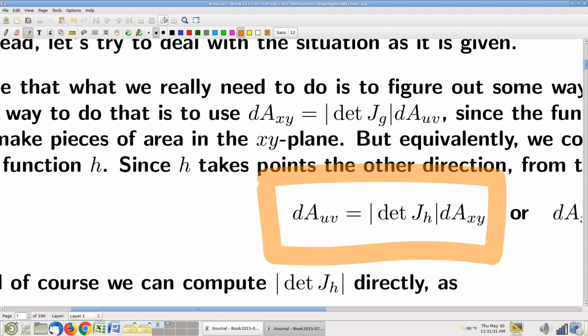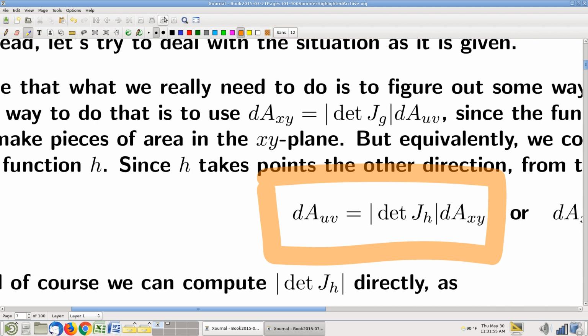It's giving me, as outputs, u's and v's. h turns x's and y's into u's and v's. That means the stretching factor of h is what you multiply by xy area to get uv area. That's this, ignoring the fact that this is going the wrong way.